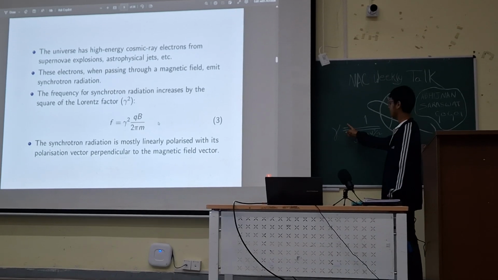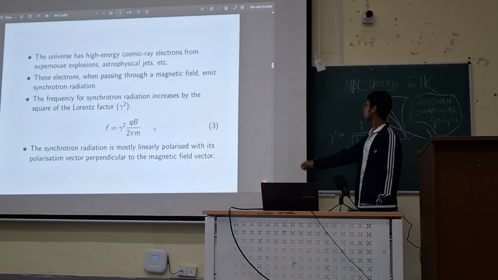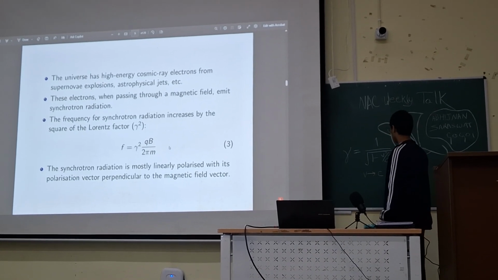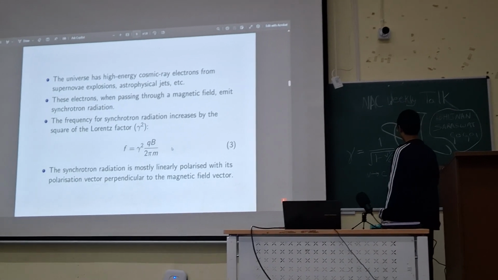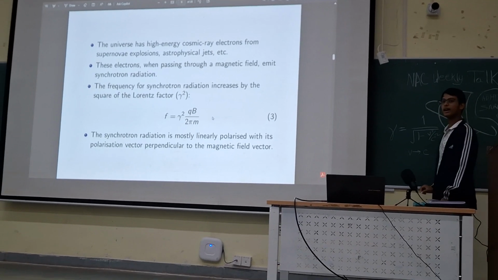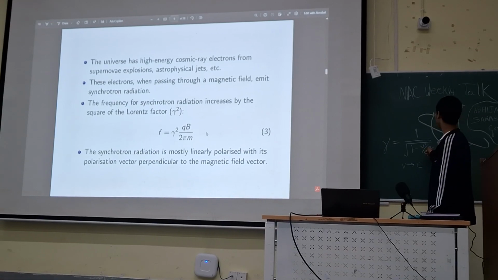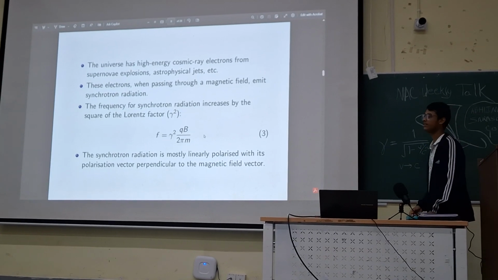You can see that as v approaches the velocity of light, the Lorentz factor approaches infinity. And when the velocity of the particle is not comparable to the velocity of light, then the Lorentz factor is approximately 1.